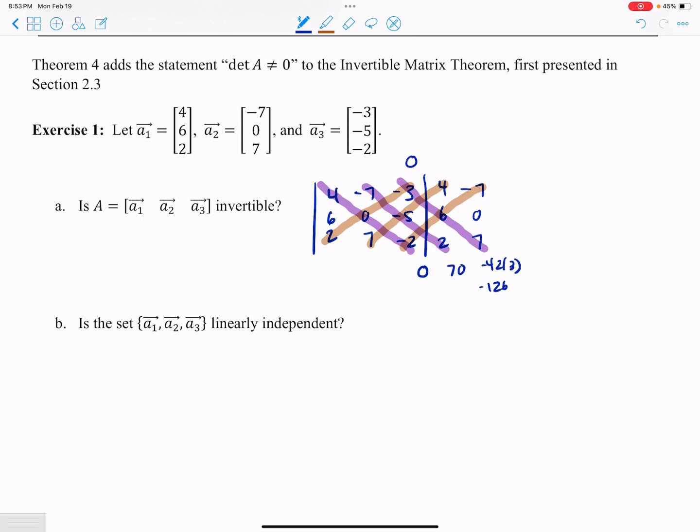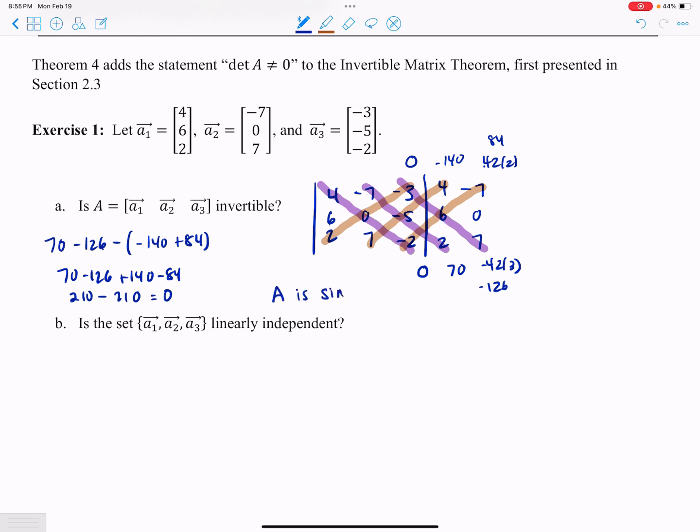Get 0, negative 140, and 42 times 2. And I always think of it as bottom minus the top. So bottom minus the top. So we get that the determinant is 0, which tells me this is not invertible, or A is singular.